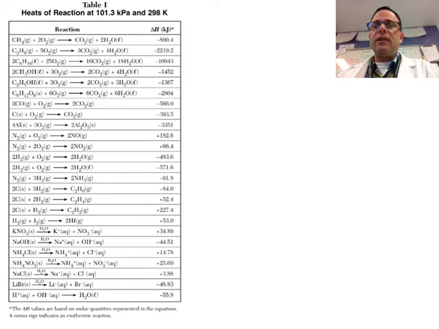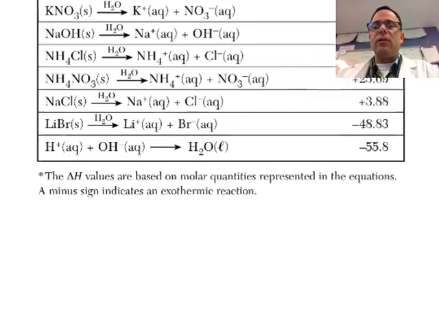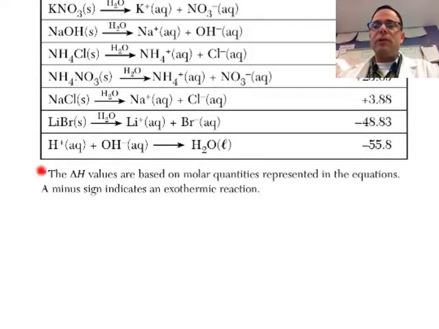Now the key here is to look at delta H, which is measured in kilojoules. Delta H, change in heat, is a measure of energy in essence, and right down here, a legend on the bottom talks about delta H and this minus sign. A minus sign indicates an exothermic reaction.